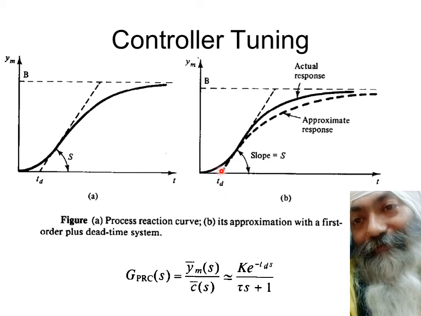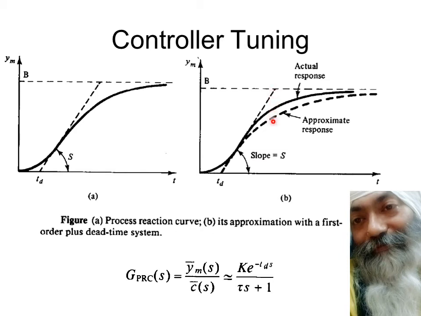It's very simple. If you just imagine that this is one triangle, I drop a perpendicular from here, and then draw a perpendicular from here, then you see that this time constant is tau, and that tau is given over here. So how to find tau?